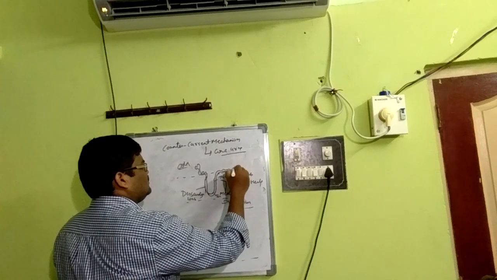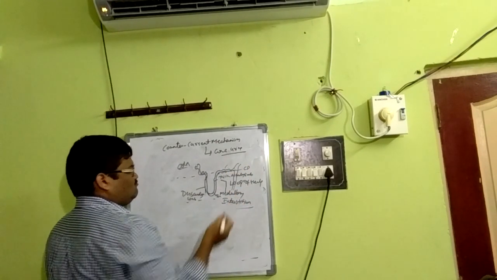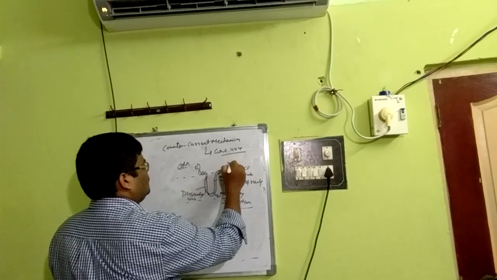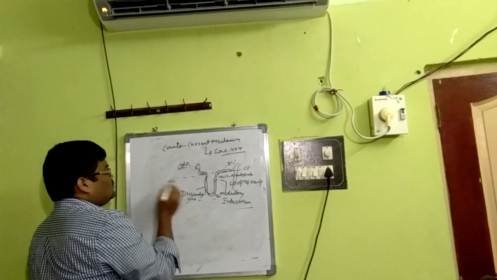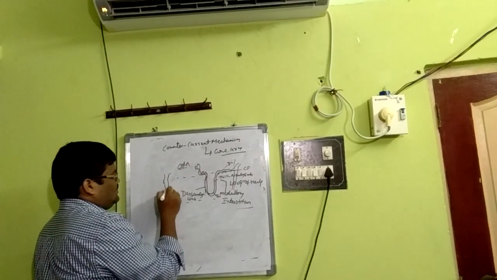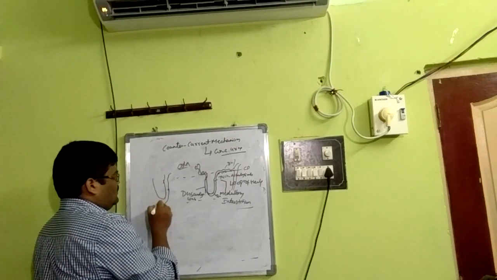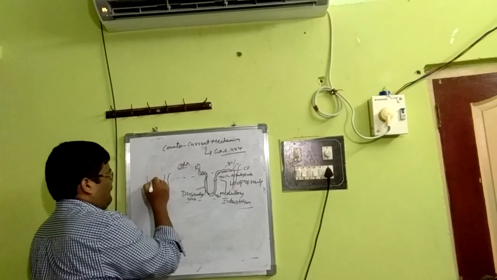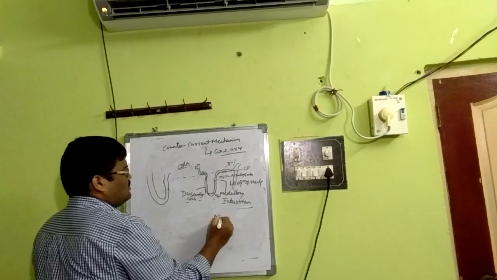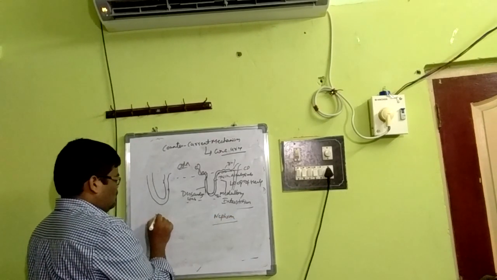Then this is collecting duct. Then we have to discuss about vasa recta. It's a blood vessel. This is nephron and this is vasa recta.